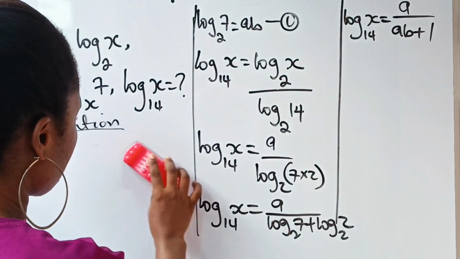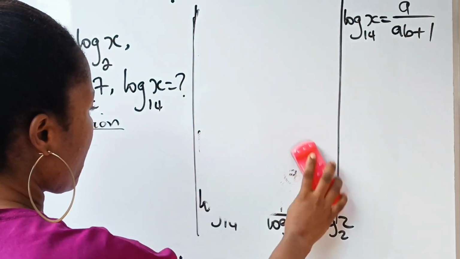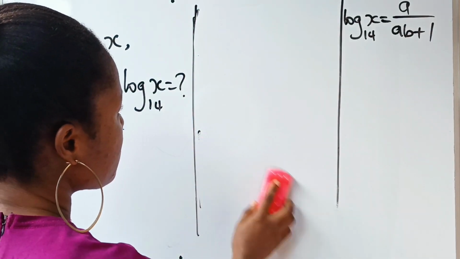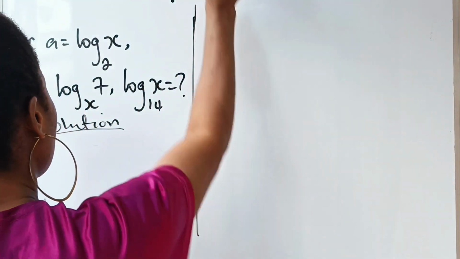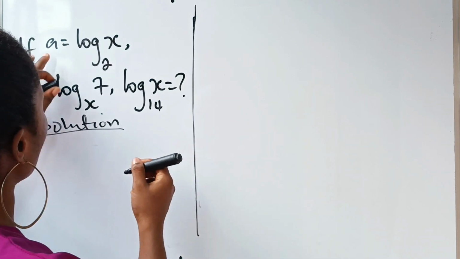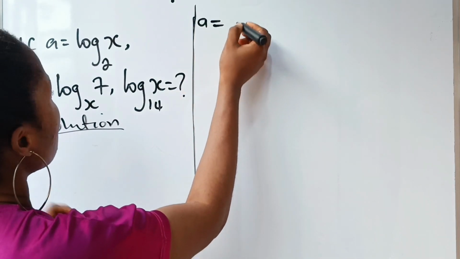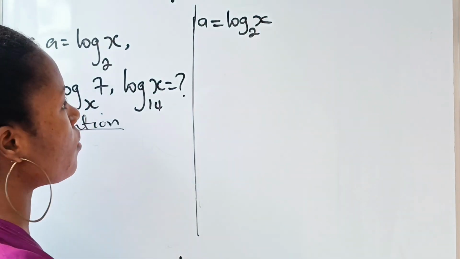Now the second method is we use the exponent rule to solve it. So let's solve this using the exponent rule. What do I mean by that? We have that a is equal to log to base 2 of x.